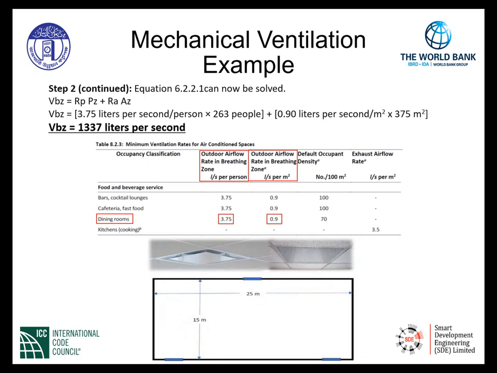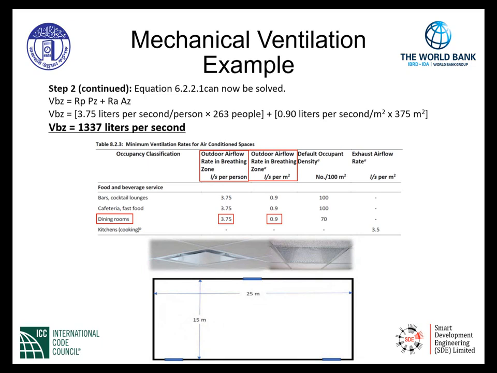A continuation of step 2 now gives us our equation. Equation 6.2.2.1 can now be solved. We integrate these particular values in this equation, and as can be seen here, V sub BZ equals the quantity 3.75 liters per second per person, times, remember our population of our zone, 263 people.